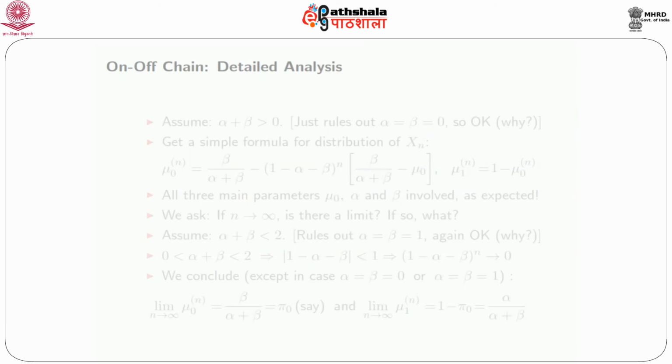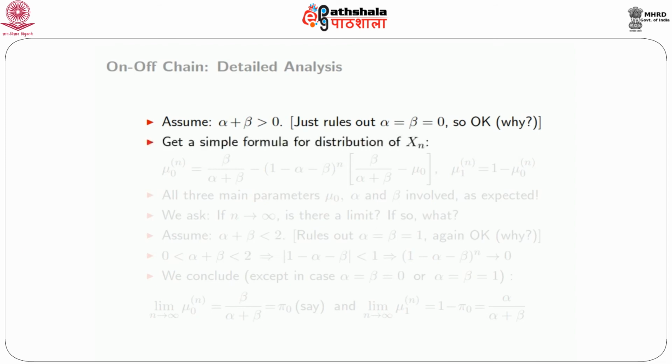So that's what we assume. Remember, alpha and beta are probabilities, so alpha and beta are both non-negative. So we assume that alpha plus beta is strictly positive. It simply rules out that both alpha and beta are equal to 0. And it's okay. Think about what it would mean if alpha and beta were equal to 0, to convince yourself that this is not such a big restriction.